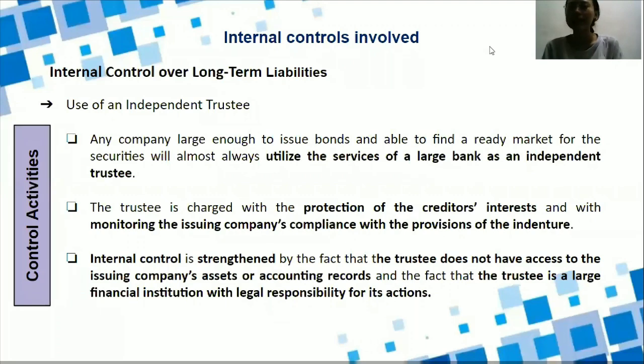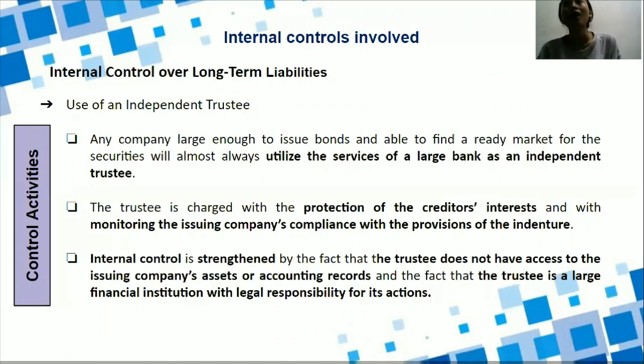Next is about the use of an independent trustee. What is an independent trustee? An independent trustee is an external party that is hired by the company to manage the financial instruments of the company, the long-term liability, such as debenture or bond.